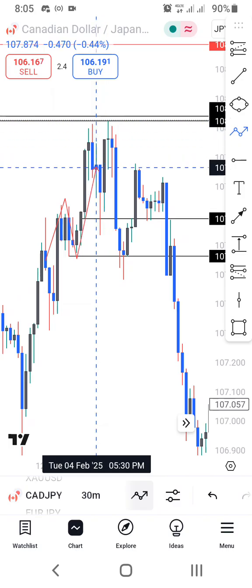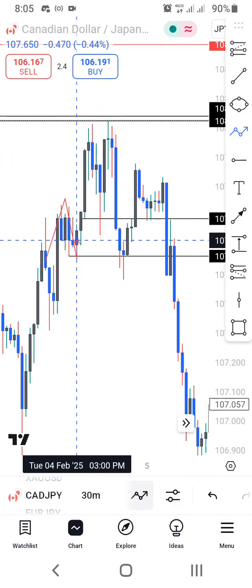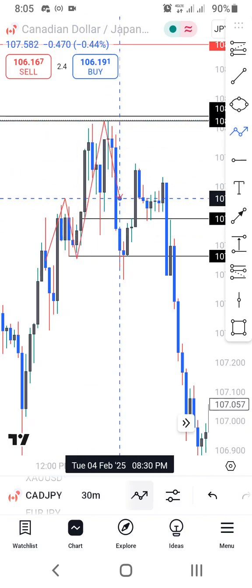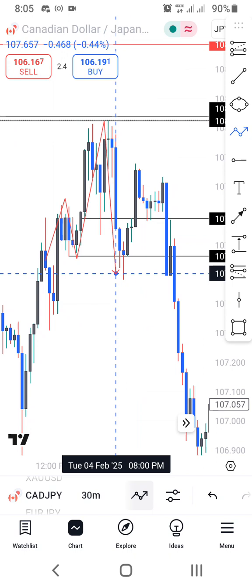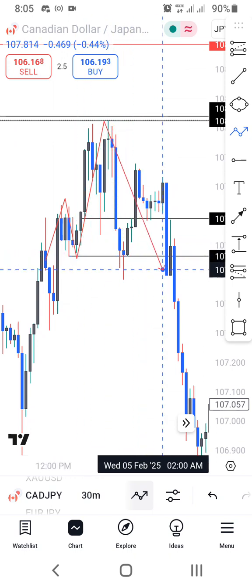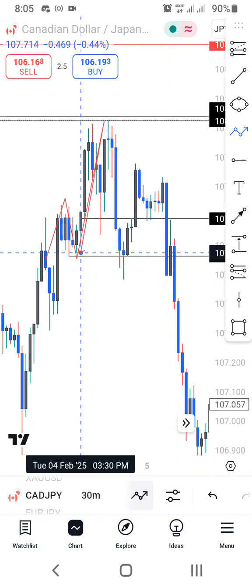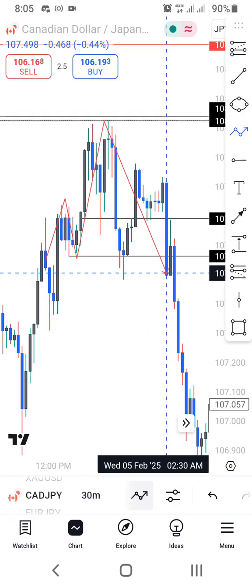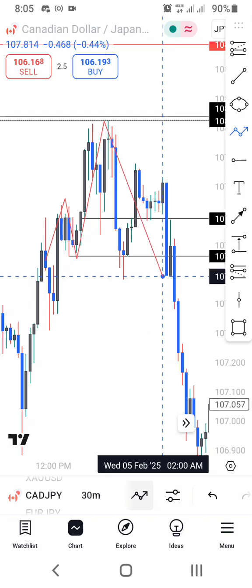This is a second one that you could use to get the entry. So here you see the shift, not here, these are wicks, they never broke below. Candle closure, candle formation, it broke below this low.